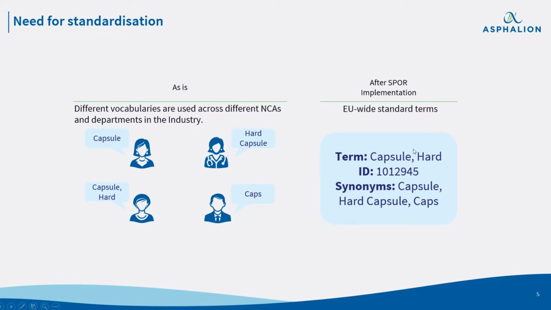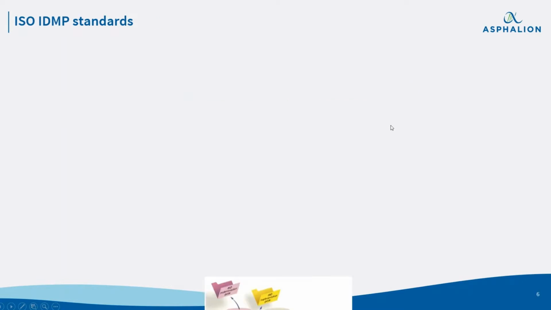So then there is a preferred term, and this is the one that should be used in your systems, but all the different synonyms are mapped with this ID. So this is an idea that we will see a lot in all the different portals and programs and in all the databases that we have in our company, but especially we will have this in SPOR. So we will talk about SPOR later, but first let's jump into what ISO IDMP is.